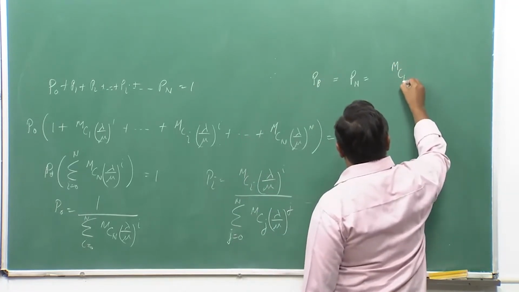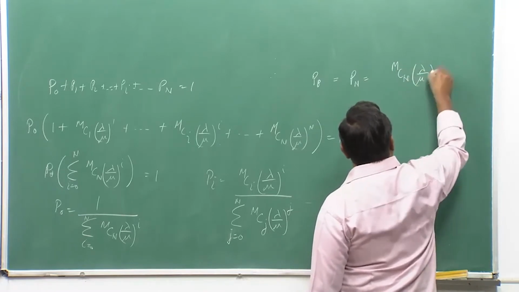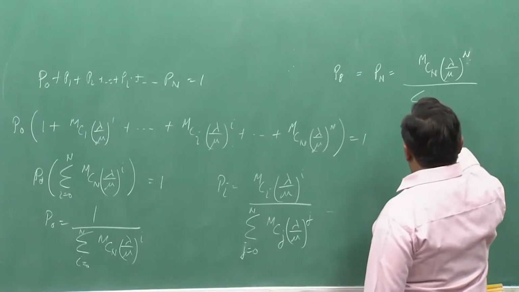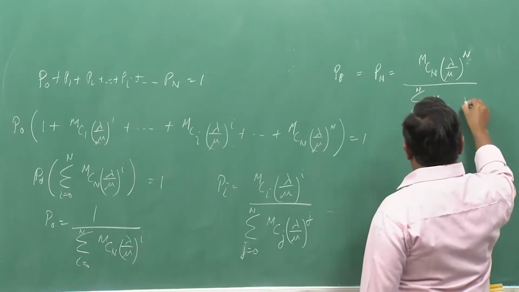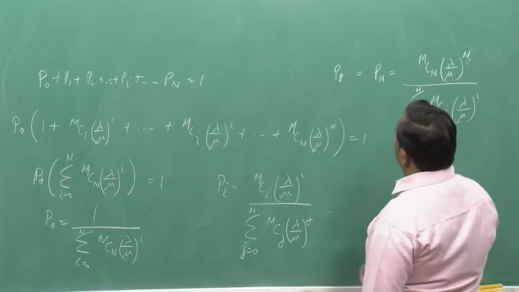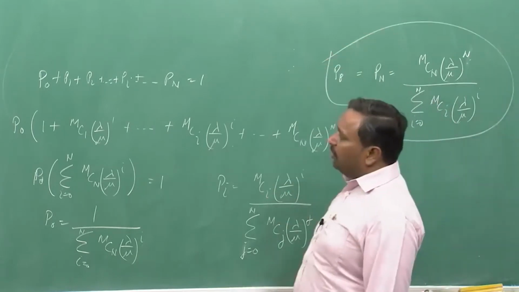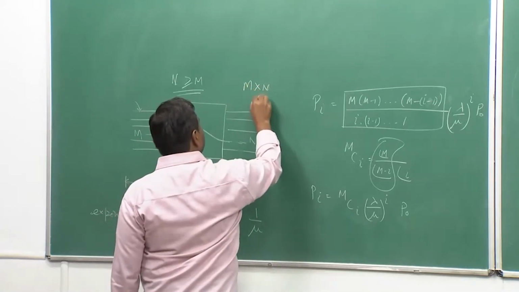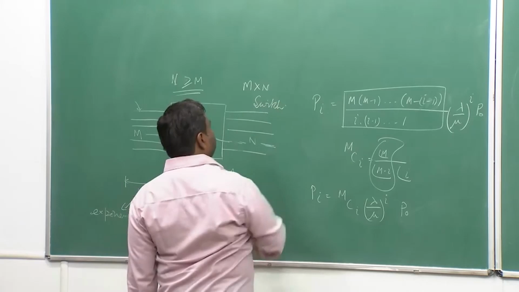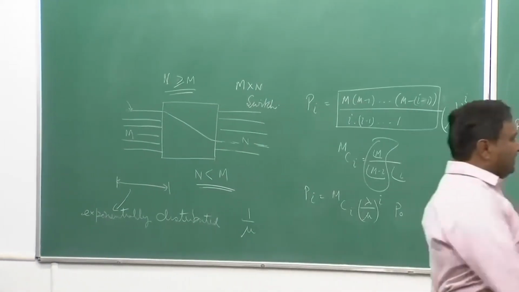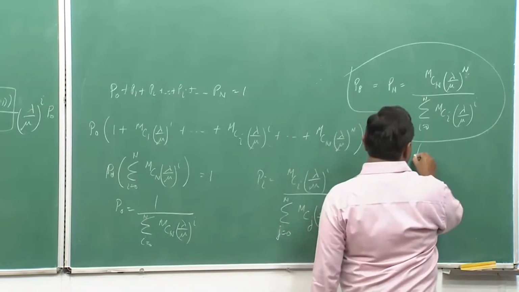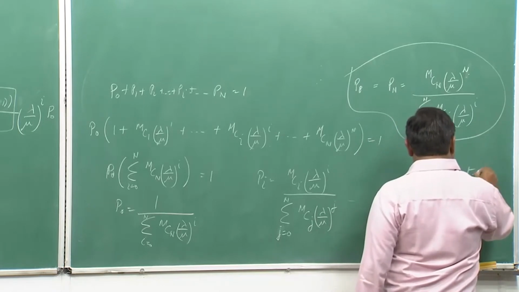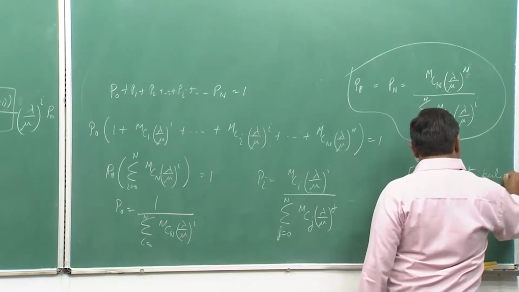So, this will be MCN lambda by mu raised power n, summation I goes from 0 to n, but that is a blocking probability for a m by n composite switch. We call it m by n composite switch. And this also is known as Engset distribution.